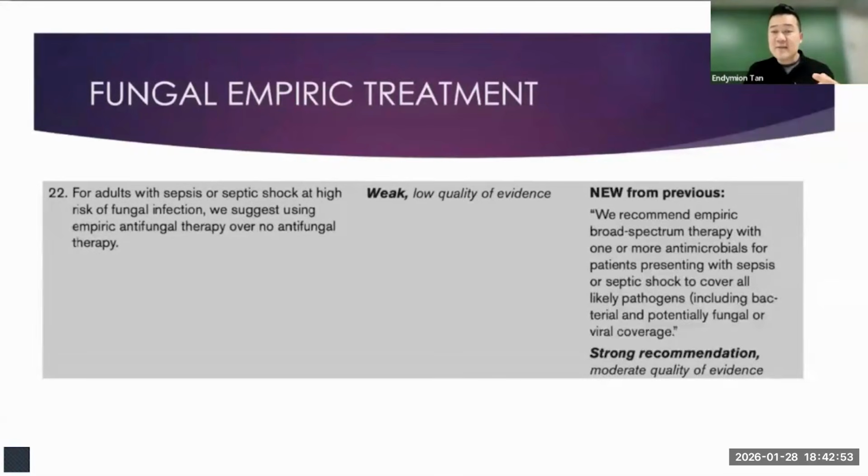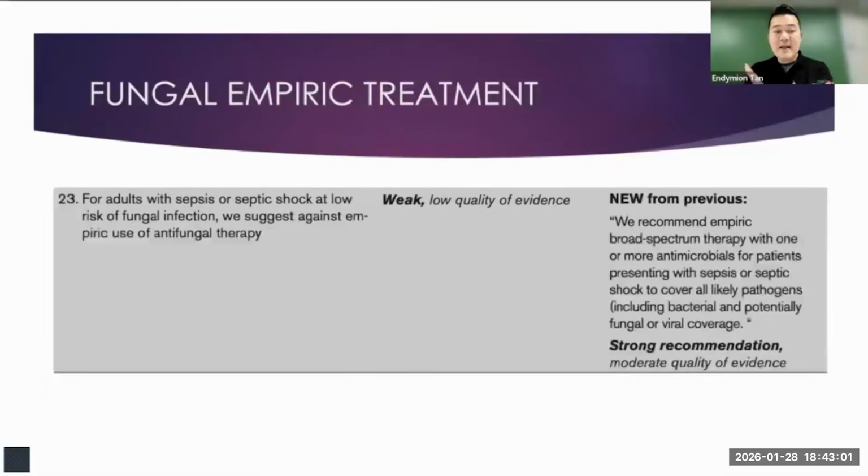If your patient has some risk for fungal infections, then by all means, you give this empiric antifungal therapy. But if your patient with sepsis or septic shock has low risk of fungal infection, we suggest against empiric use of antifungal therapy. So you stratify. Does this patient have the risk for fungal infection, or not? Because this would change your management.